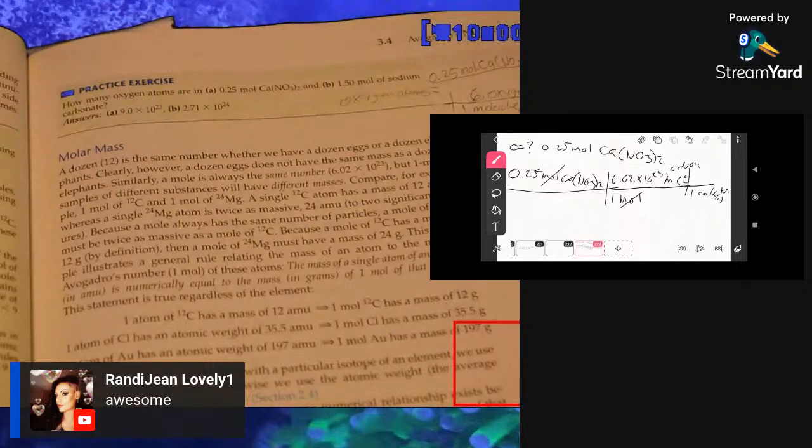So one molecule of calcium nitrate has oxygen. So it has two oxygen. Oh wait, that's a lie. It's 2 times 3, so it has 6 oxygens. So times 6 oxygen atoms.